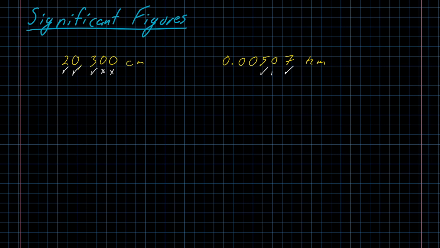Zeros in the middle of the number are significant. Zeros at the beginning of a number with a decimal point are not considered significant. Those are our placeholder zeros. And so those are not going to be significant.